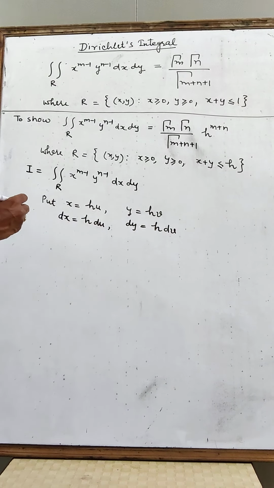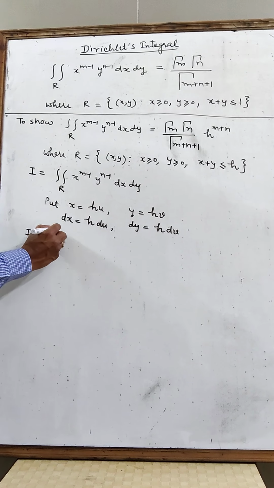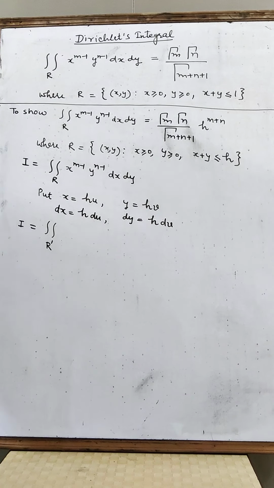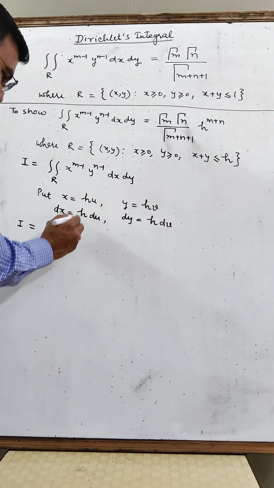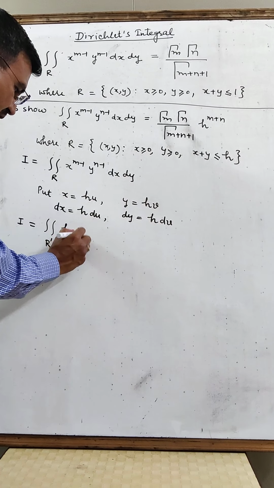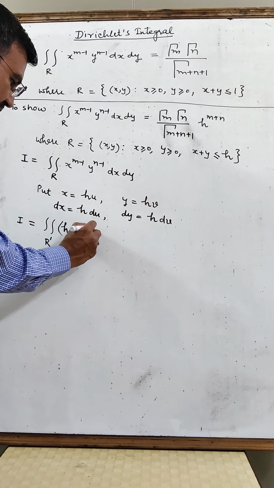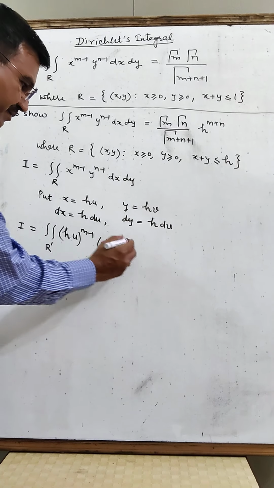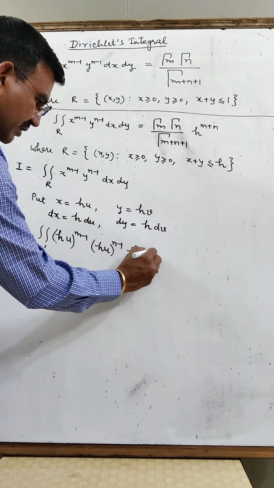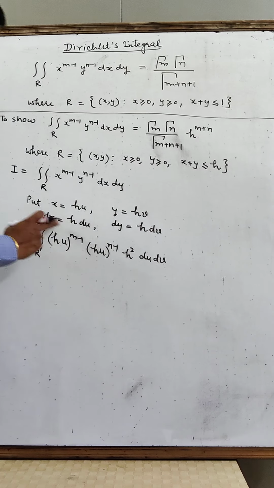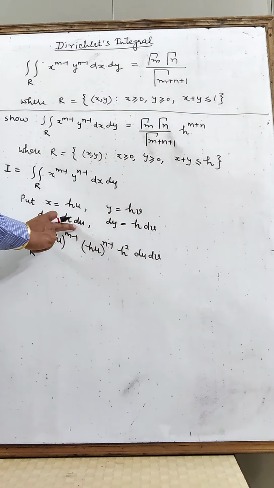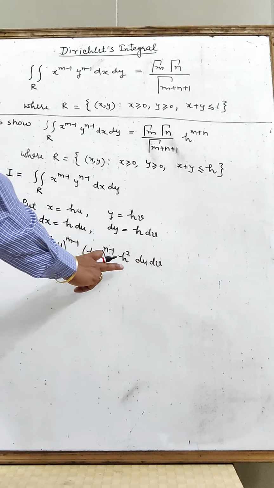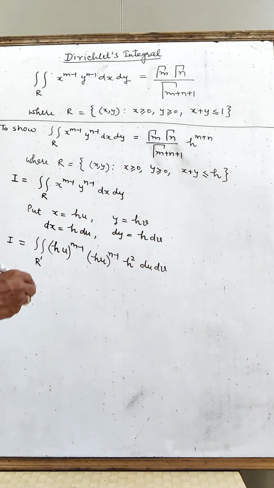So our double integral would become an integral over a new region defined in terms of u and v. It would be hu raised to the power m minus 1, hv raised to the power n minus 1, h square du dv. I have replaced dx by h into du, dy by h into dv, so dx dy would become h square du dv.